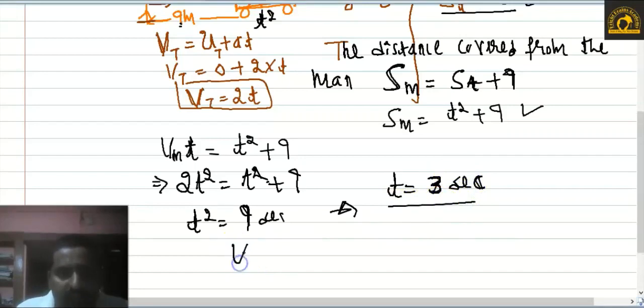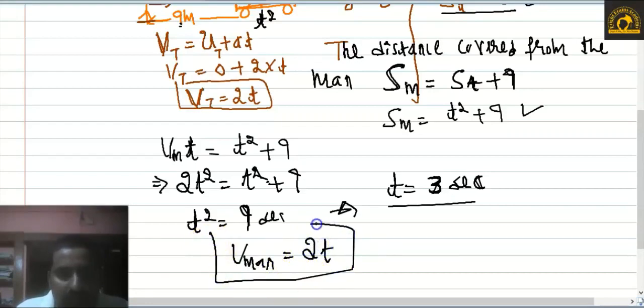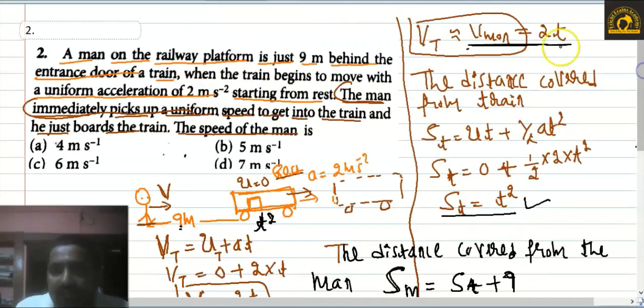What is the velocity of the man? The question asks for the velocity of the man. The velocity of the man is equal to 2t, which we already derived. Now the value of t is 3, so it is 2 into 3, which is equal to 6.